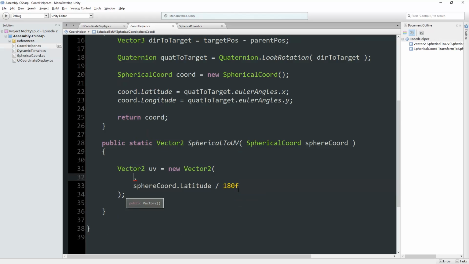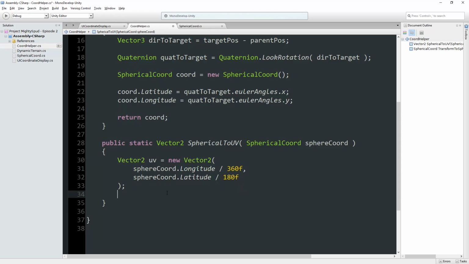The problem is the horizontal direction. We, to start off with, could say sphere coord dot longitude divided by 360 degrees. This feels right. Actually, this is. It's another place where we have to consider, okay, what am I talking about?